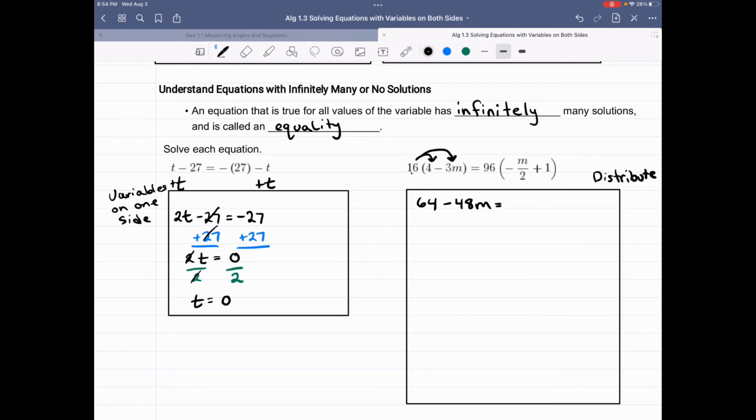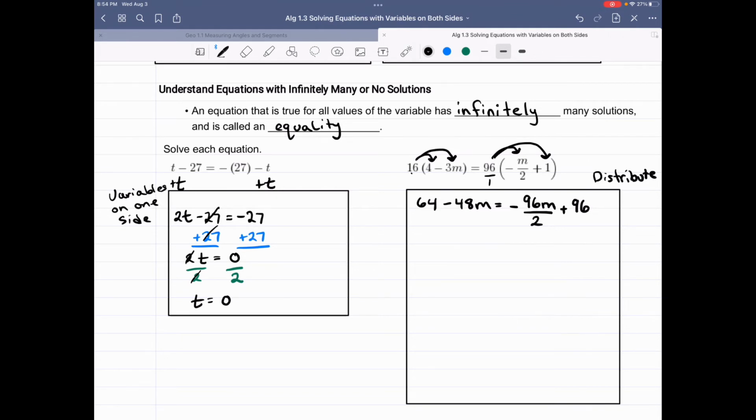That's going to equal, we're going to distribute the 96. So just like we did with the fractions, the 96 is going to be over 1. 96 times minus m is 96m over 1 times 2 is 2. And then we have plus 1, so we have 96 groups of 1, so that's just 96 times 1.